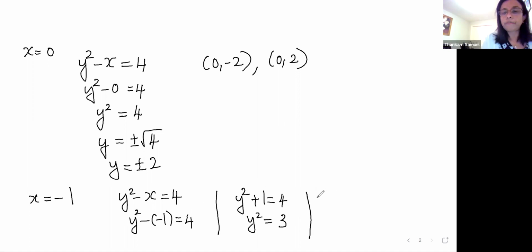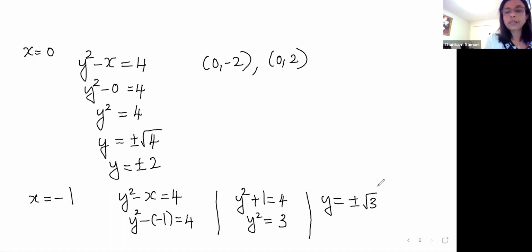To get the value of y, we can take the square root on both sides. So always consider the positive and negative values. So y equals plus or minus the square root of 3. So corresponding to x equals -1, we got y equals plus or minus the square root of 3.